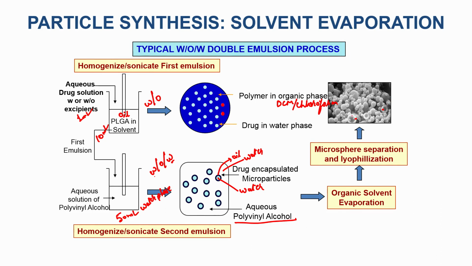What you can see is that there is a shell and inside it is hollow. This is the inner water phase, this was the oil phase, and the outside is all water, which you of course pelleted here. That is how you will get a hollow particle.